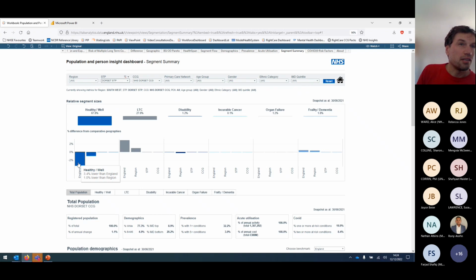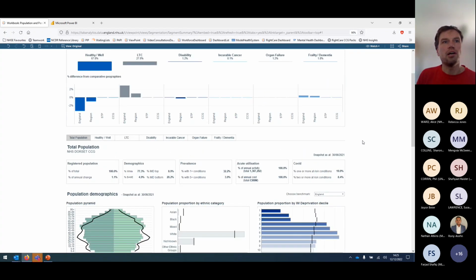So in Dorset STP, 3.4% of the population are lower than in England. I think England was 72%. So yeah, there's fewer healthy well people, more long-term conditions, disability, incurable cancer, organ failure, frailty, and dementia.